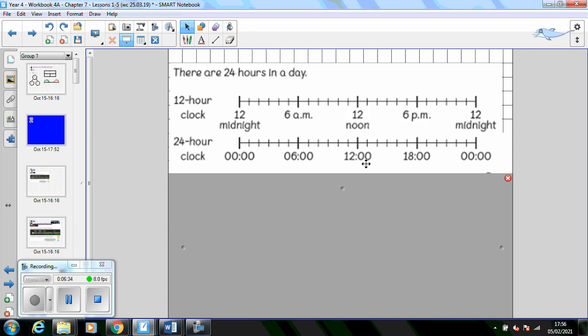But here's the difference. Instead of starting to count from 1 again, we keep on counting through the teens. We have 1300 hours, 1400 hours, 1500 hours, 1600 hours, 1700 hours, 1800 hours.